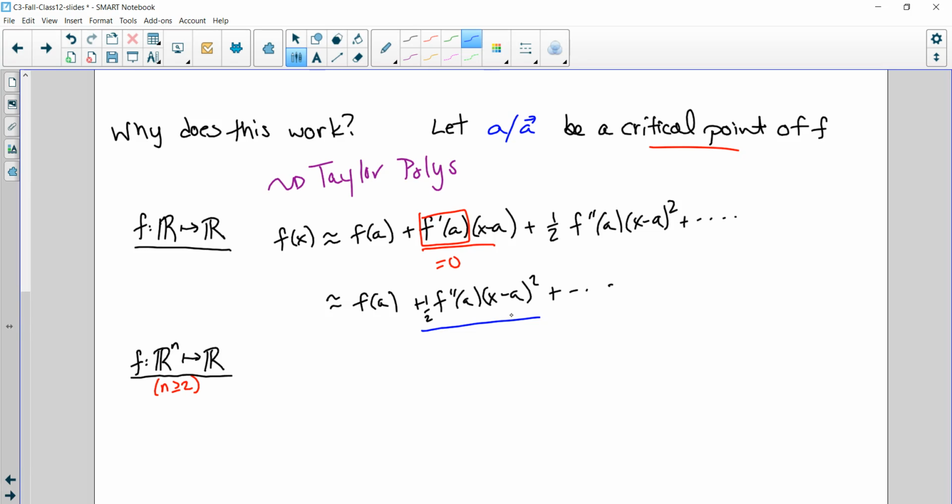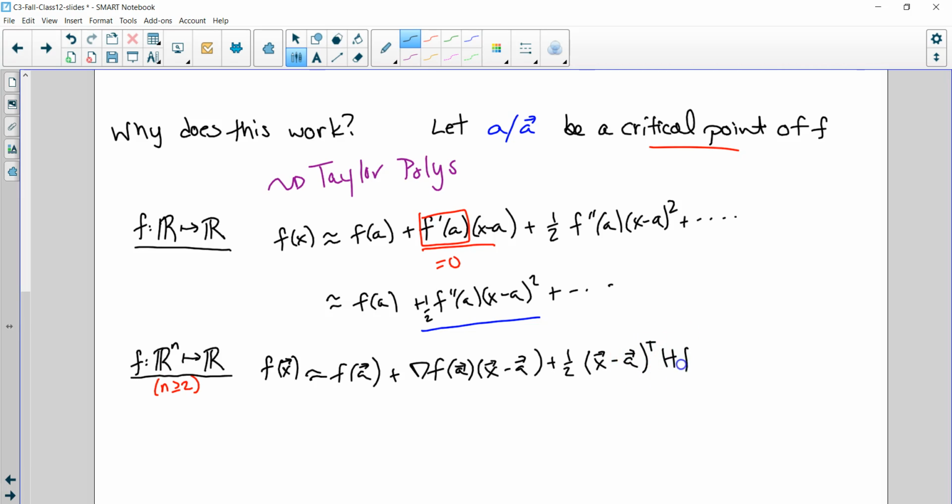Similarly, for the n-dimensional case where n is bigger than 2, we saw last week that we could say f of vector x is approximately f of vector a plus the gradient of f at vector a times vector x minus vector a, plus 1/2 vector x minus vector a transpose, then the Hessian of f at vector a, and then x minus a vectors.